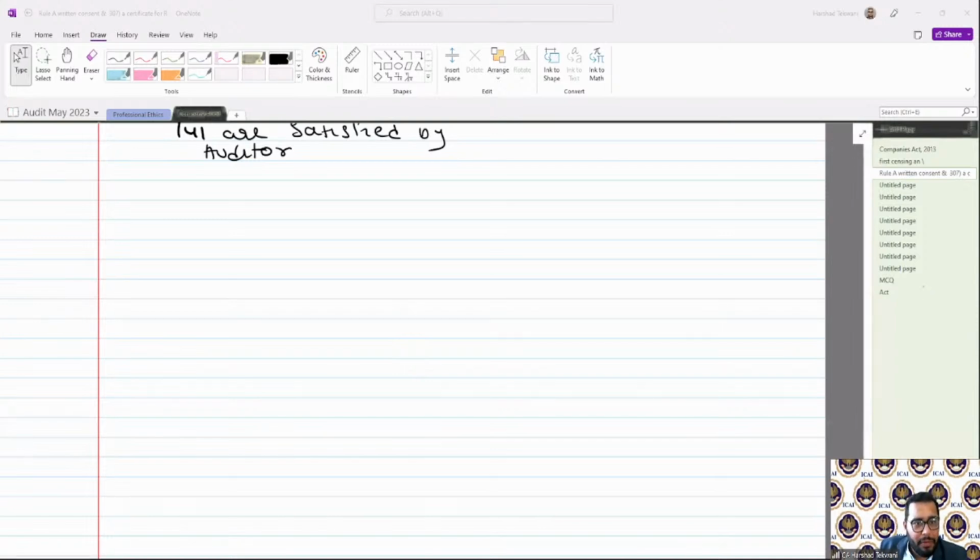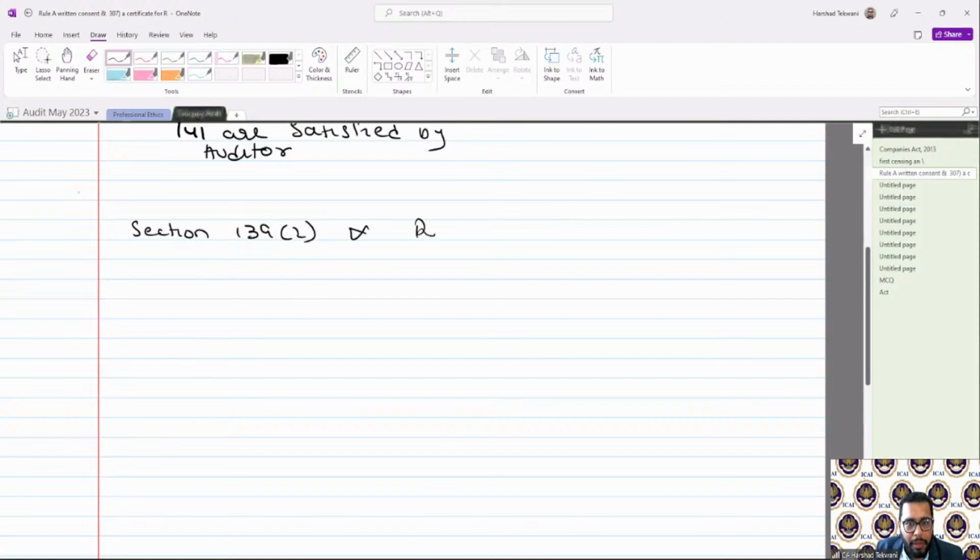So there is Section 139(2) and Rule 5. They prescribe the rotation requirements. I'll explain in detail what they say.